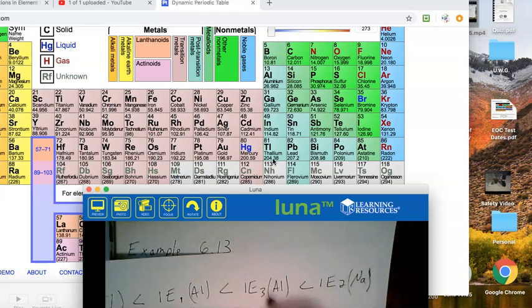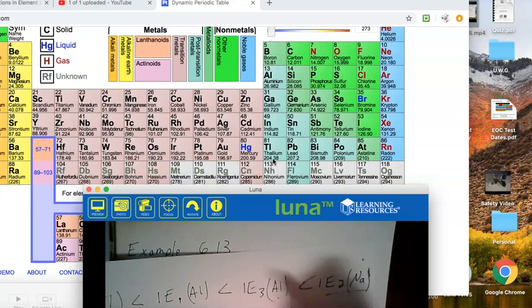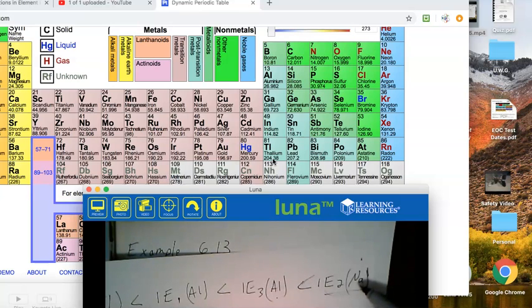How do I know this isn't larger than this? Well, I know that sodium forms +1 ions, okay? I know aluminum forms +3. So honestly, I think this energy is going to be less than it would be for this one because sodium is going to have a noble gas configuration before that second electron is being removed. Okay. Aluminum's not.